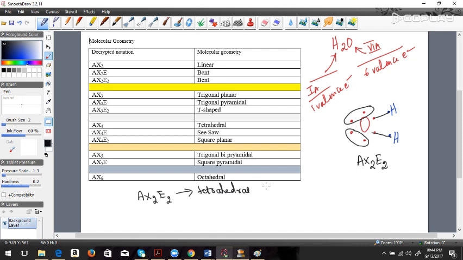I'm going to write the electron geometry, whereas molecular geometry is bent. You can see right here.